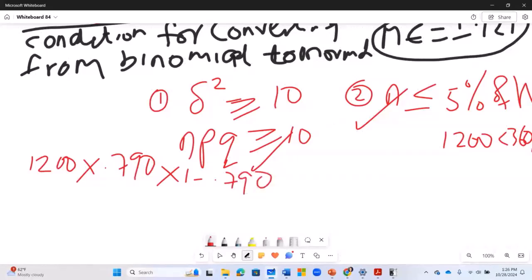Then we get our calculator and see if this quantity is greater than or equal to 10.